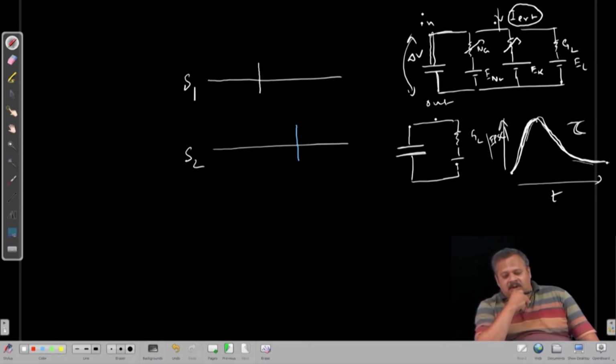Now this tau can be very different across neurons, and it is one of the functional properties of the neurons. If they are integrating over a very long period of time, then this tau is large. If they are acting as very fast coincidence detector type of neurons, then this tau is extremely small.